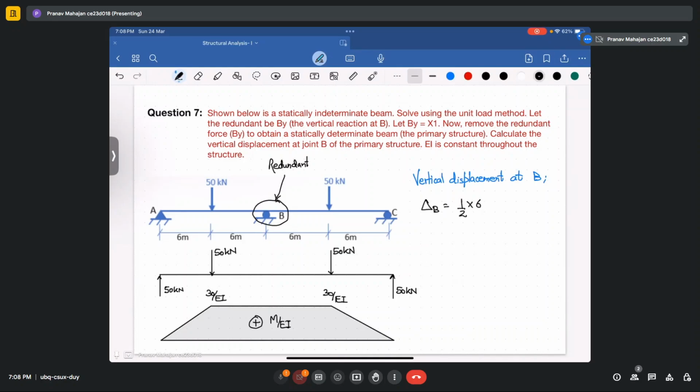1 by 2 into 6 into 300 upon EI. What is the distance?